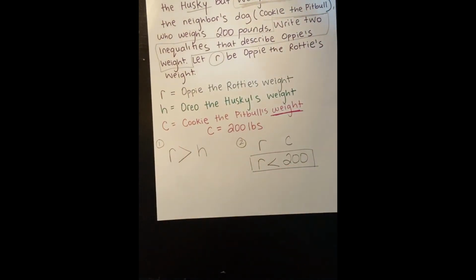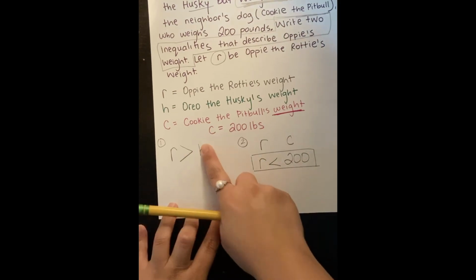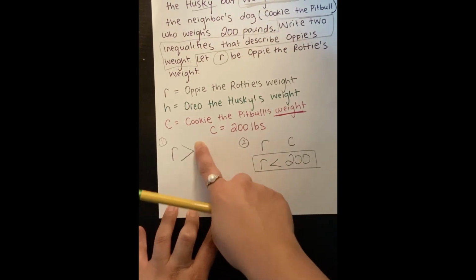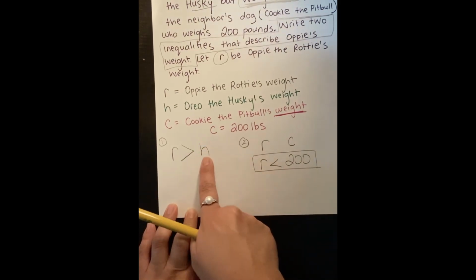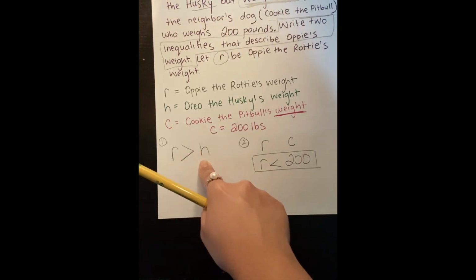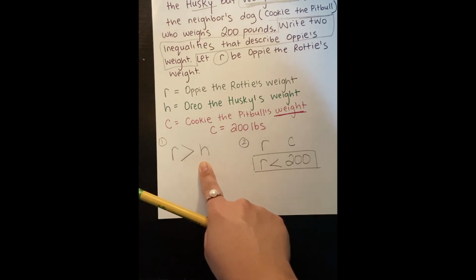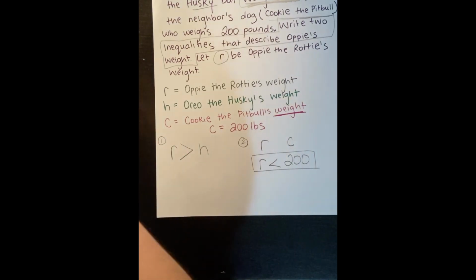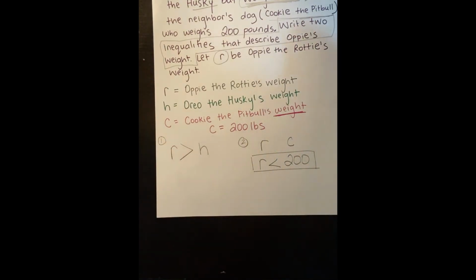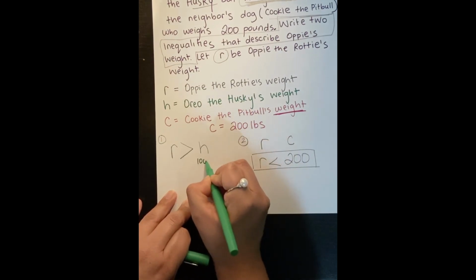If I were to take this one step further to start putting down possible weights, I can start by the first piece of information that I was given about the Husky. In the first problem, I was told that the Husky weighs in between 100 and 150 pounds. So I can write that here.